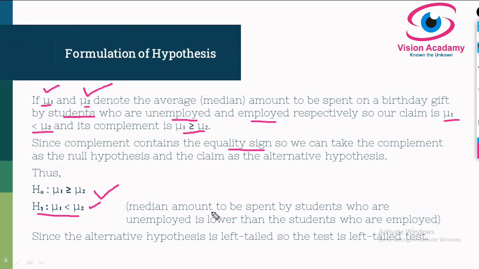Since the alternative hypothesis has a lesser than symbol, it is left tailed. So our test is one tailed and left. Now let us solve this problem step by step.